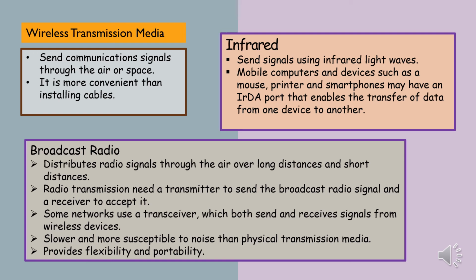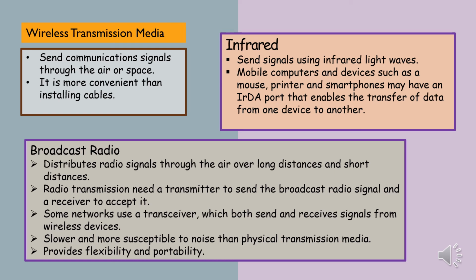For radio transmission, we need a transmitter to send the broadcast radio signal and a receiver to accept it. To receive the broadcast radio signal, the receiver has an antenna that is located in the range of the signal. Some networks use a transceiver which both sends and receives signals from wireless devices.